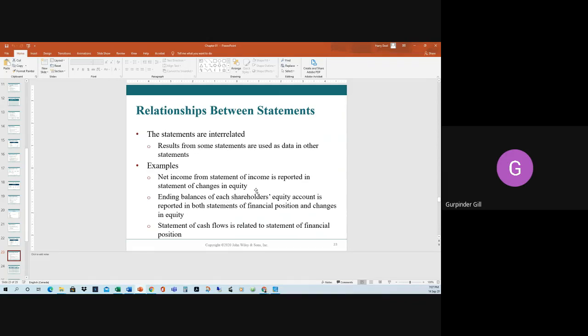Because the information from one flows to the other. The net income from your statement of income will flow through your statement of changes in equity. The ending numbers from your statement of changes in equity will then flow to your statement of financial position. So the information is interlinked.